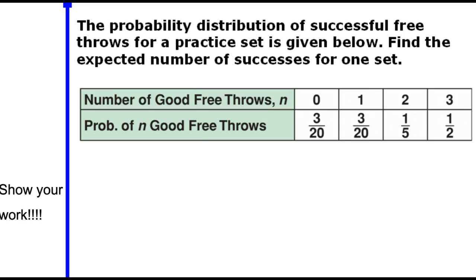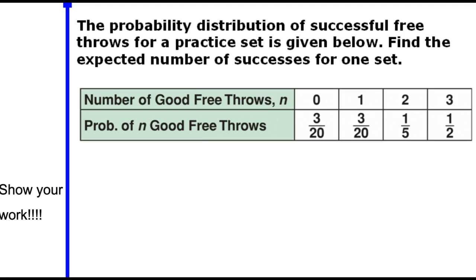probability distribution. A probability distribution is a table that gives you each outcome that's possible and a numerical value of that outcome. In this case, he made 0 free throws. This is a situation where maybe somebody got fouled on a 3-point shot, and then they get 3 free throws.